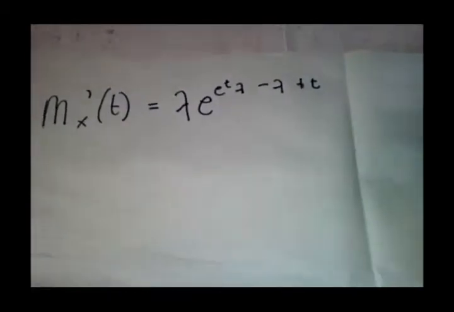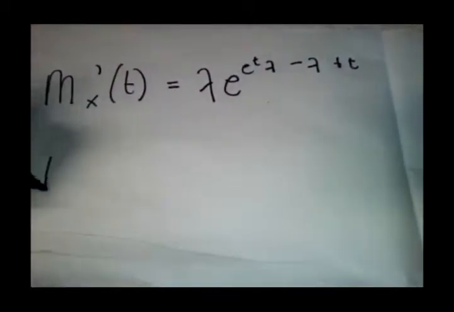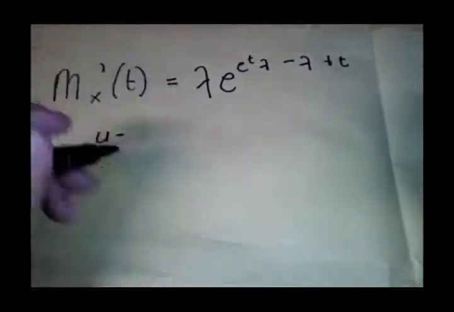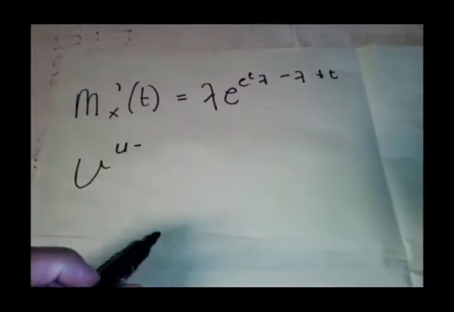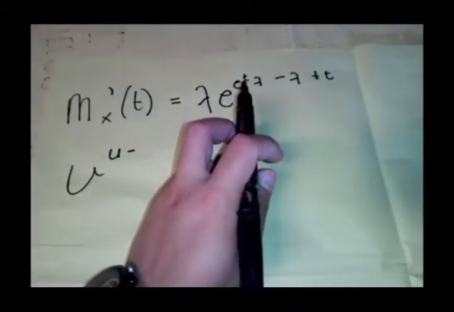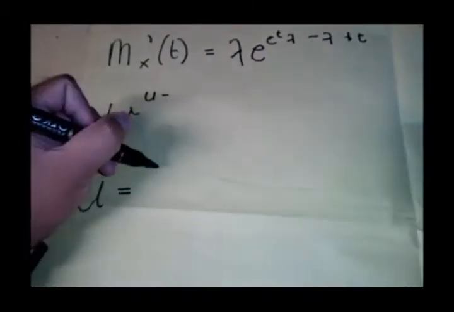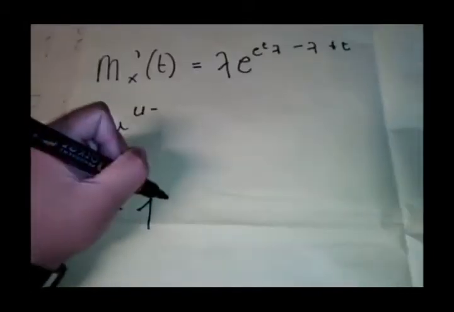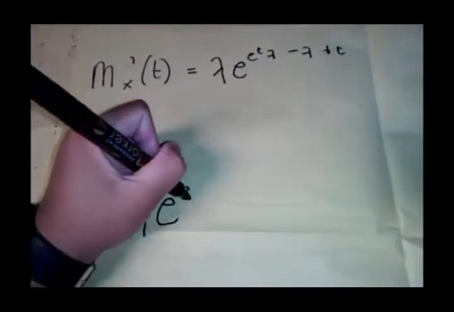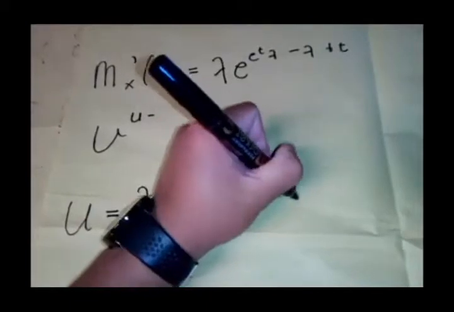So to get the second derivative of the moment generating function, we can use the u times u prime. So we let our u be equal to lambda times e raised to the power of e to the t times lambda minus lambda plus t.